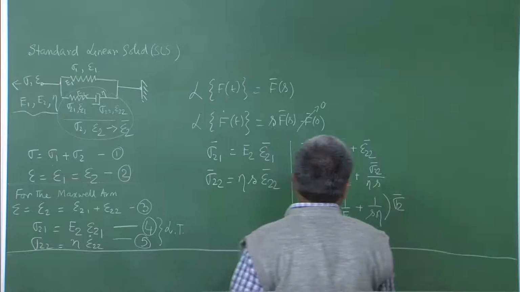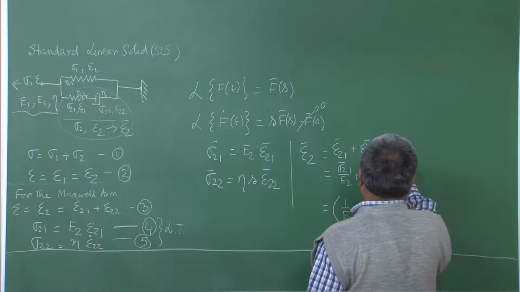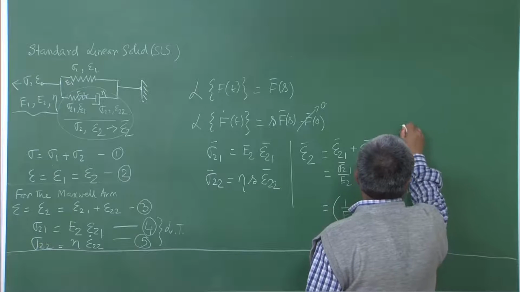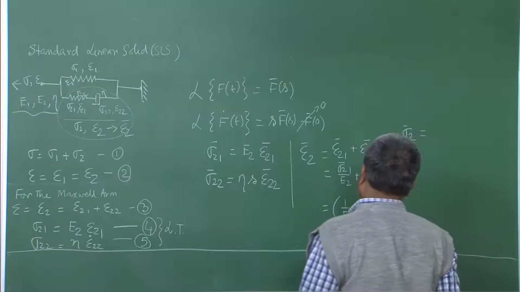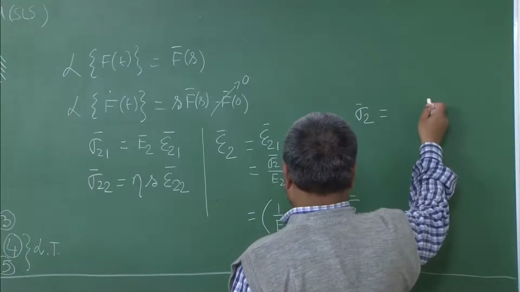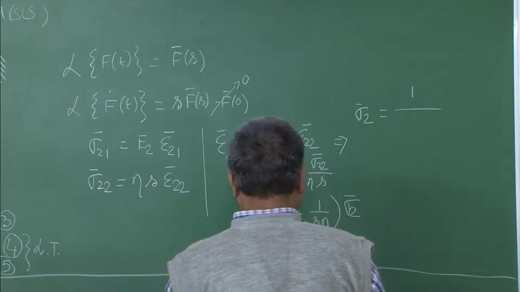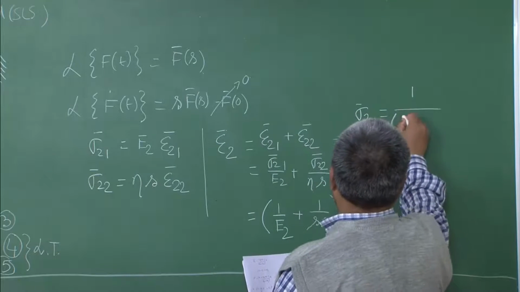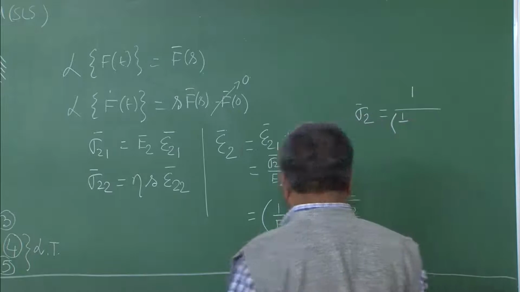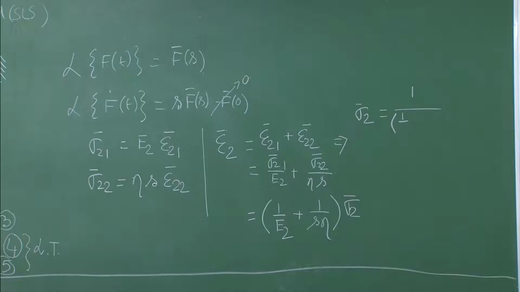So, from this we can simply write that using this relationship sigma 2 bar is actually 1 over this 1 over E 2. So, maybe we can actually write it in one shot, you can do the algebra on your own.